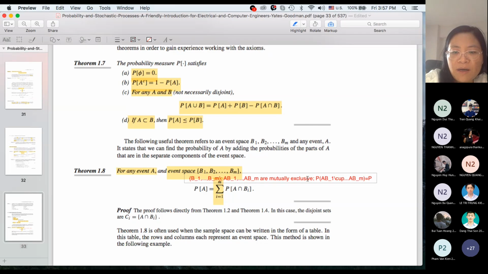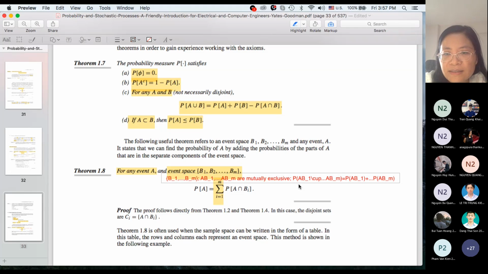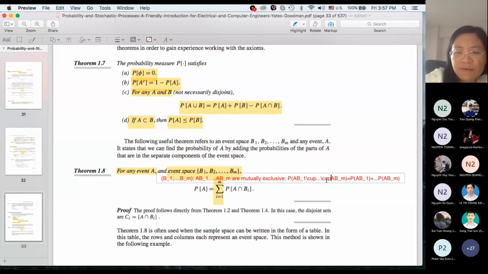It equals the sum of the probabilities of AB1 plus up to ABm, because for the union of m mutually exclusive events, we have the sum of the m probabilities of each individual.